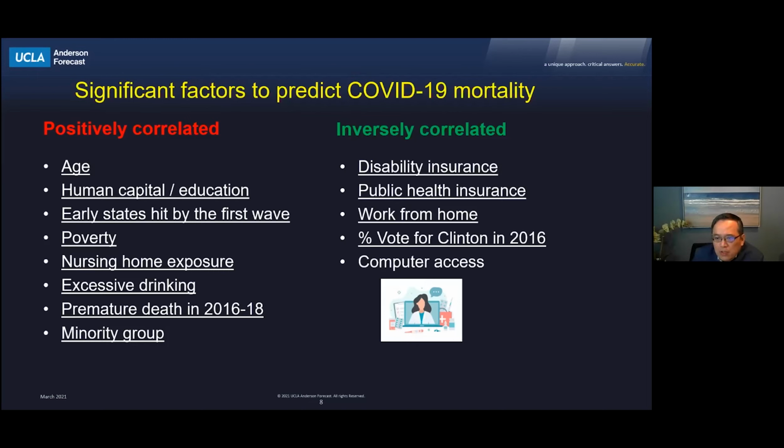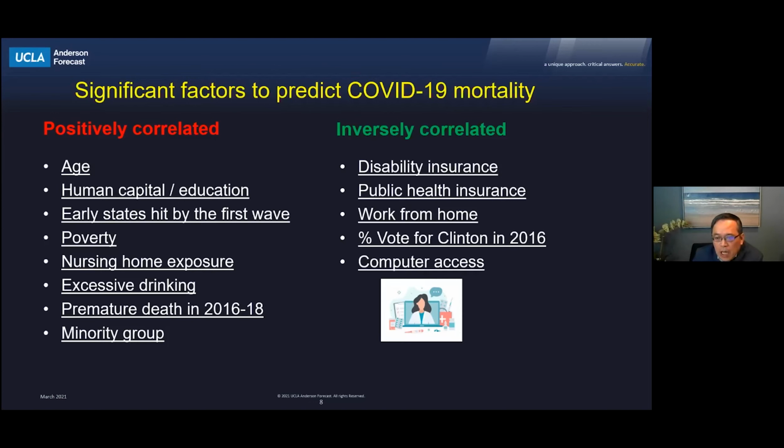A county with more percentage vote for Democratic Party means, I think, two things. One is local government is more likely to use stringent mitigation policy, such as wearing masks or social distancing. And two, residents are more likely to obey the rule. And we believe these policies and behavior are associated with lower mortality rate.